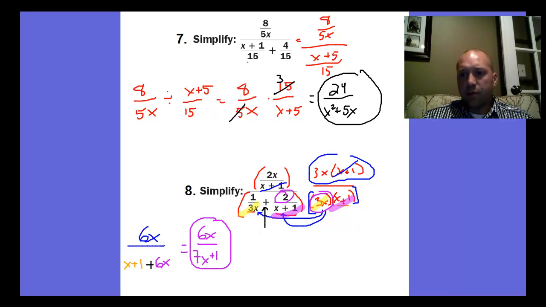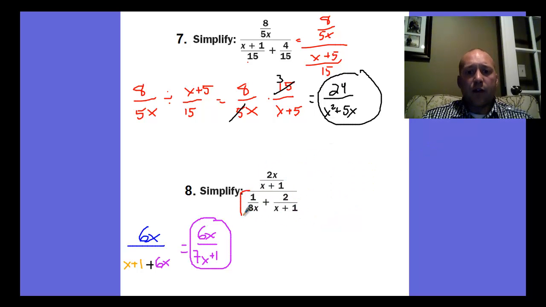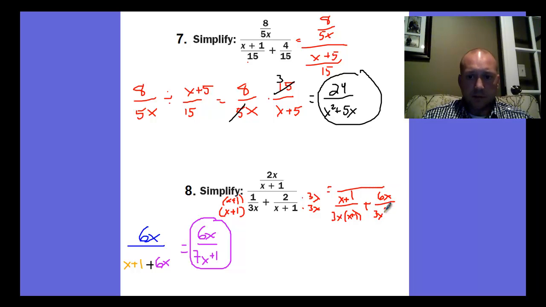Now, if you would rather add fractions first for this problem, you can. Multiply this fraction by x plus 1, multiply this one by 3x. So we get x plus 1 over 3x times x plus 1 plus 6x over the same denominator, and then this numerator has not changed.